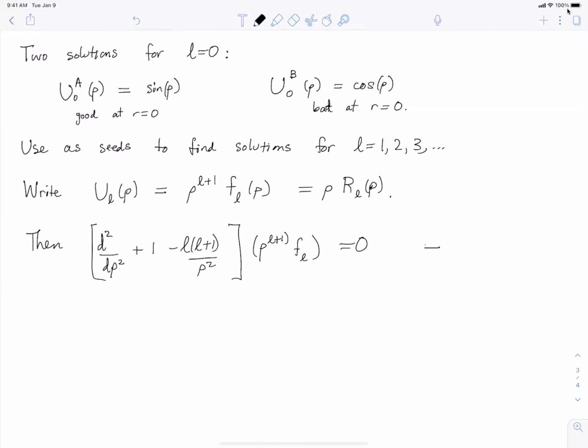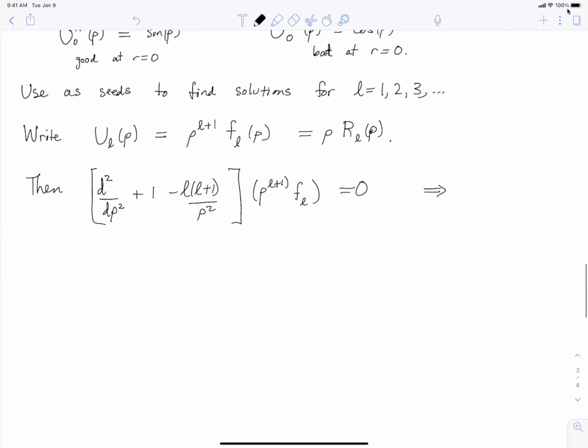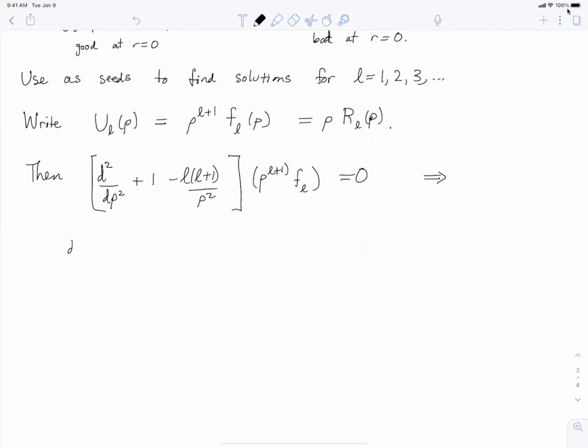And so when you take all the derivatives, that implies that the second derivative of F sub L plus 2 times L plus 1 over rho times the first derivative plus f sub L equals 0.